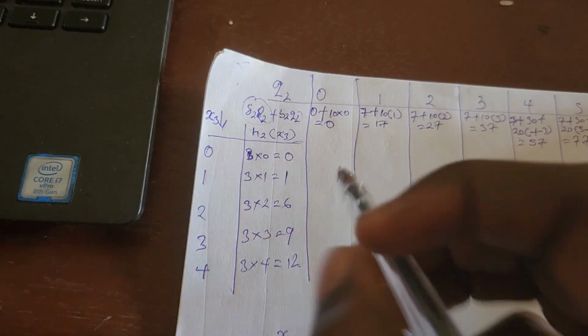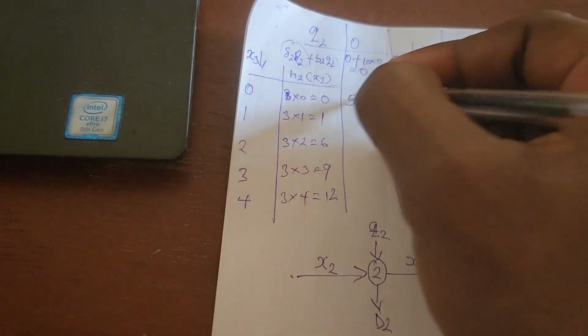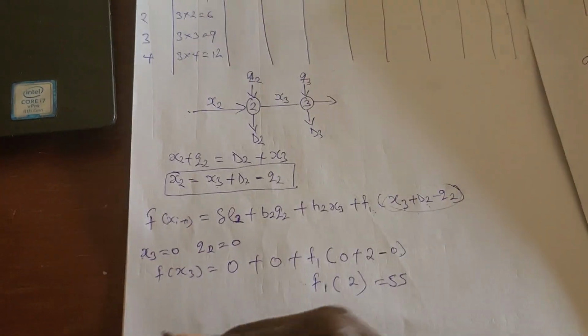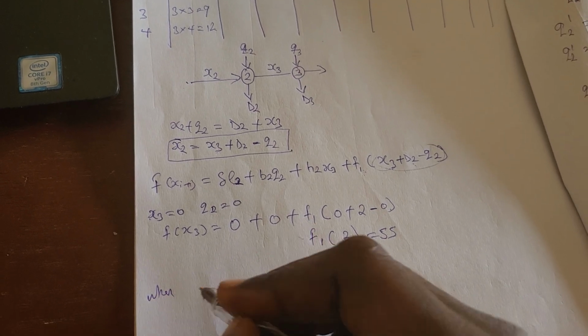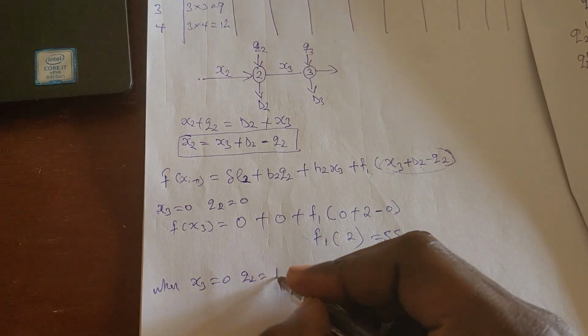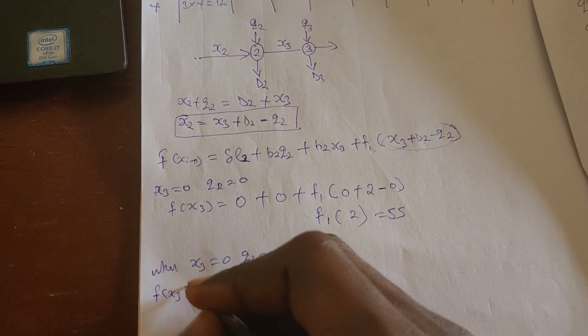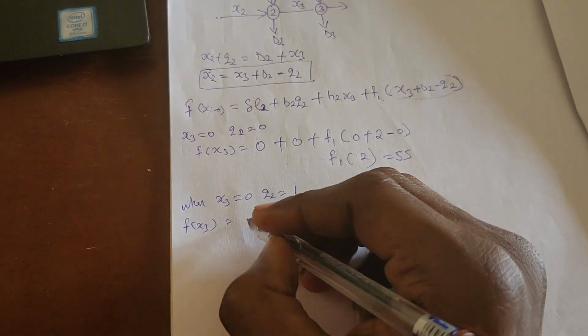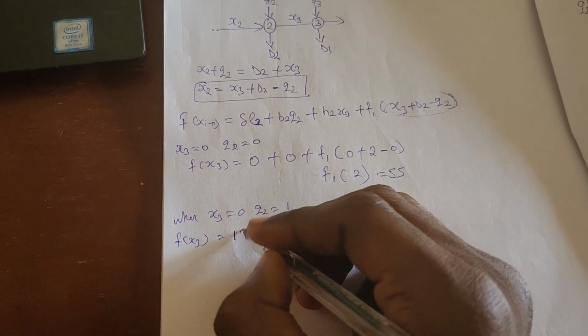So here we come and populate 55. Do you understand? So to the next one now. When X3 is equal to 0 and Q2 is equal to 1, our f of X3 is equal to our purchase and setup, which is 17 at that point.